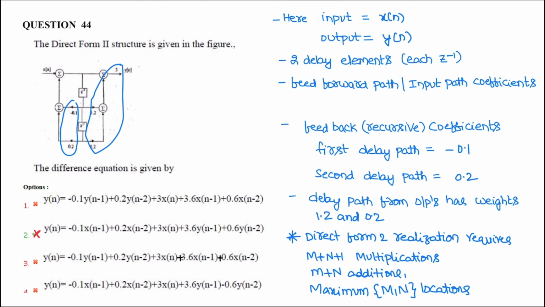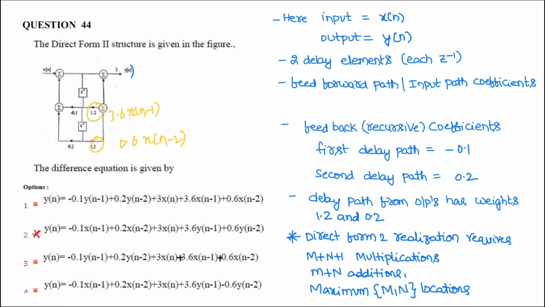Now the output y of n is minus 0.1 y of n minus 1 plus 0.2 y of n minus 2, plus 3 into x of n, plus 3 into 1.2, that is 3.6 into x of n minus 1, plus 0.2 into 3, that is 0.6 into x of n minus 2.